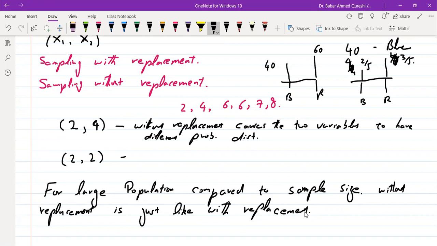So like you have 1 million people over there, you pick one, it's not really going to affect the probability for 999,999 others. So for large populations, you can just assume that they are the same kind of variable with the same probability distribution.